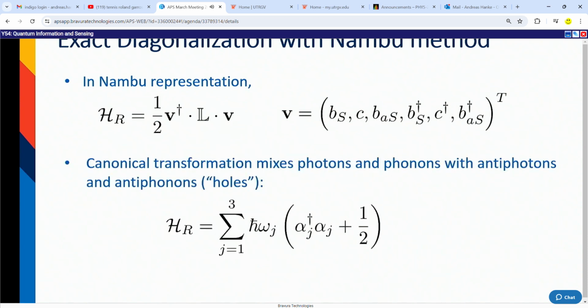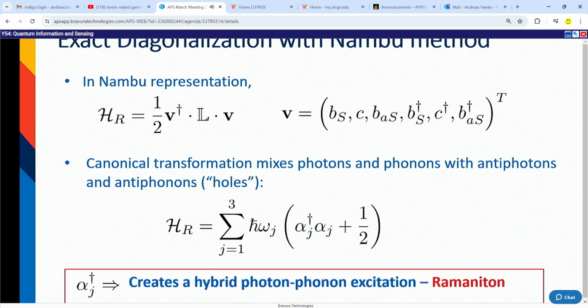We obtain an exact diagonalized Hamiltonian where the canonical transformation mixes our photons and phonons with antiphotons and antiphonons. So we get a new set of operators alpha, which create the hybrid photon-phonon excitation that we call Ramanitone.